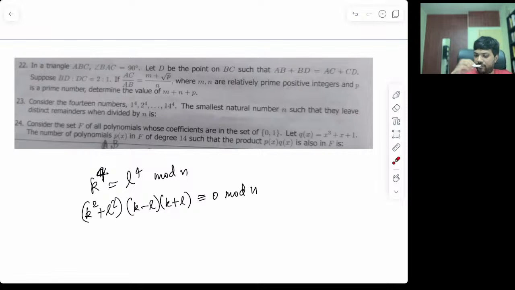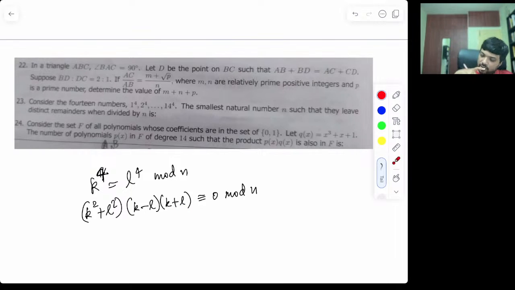If you take 14, for example, n is 14, even, then obviously you can take plus or minus 1. So 14 will not work, because plus 1 power 4 is minus 1 power 4; 1 plus minus 1 is 0 mod 14. 15 also you can't take, because modulo 15 you have things like 14 plus 1 is 15.